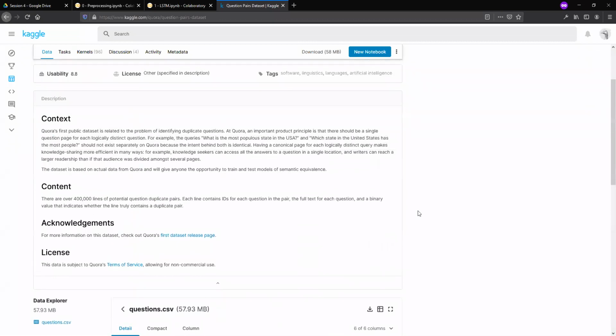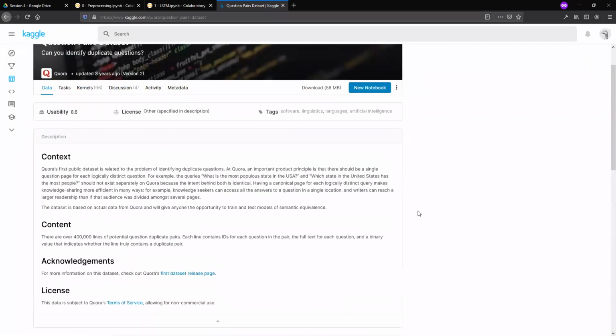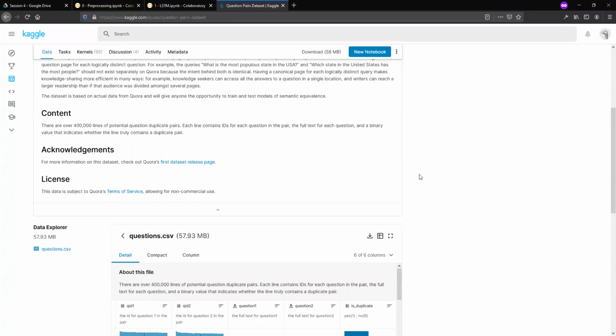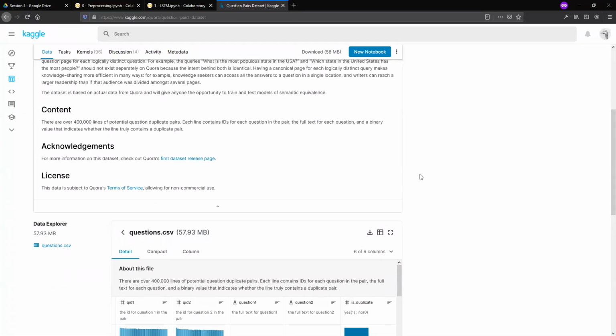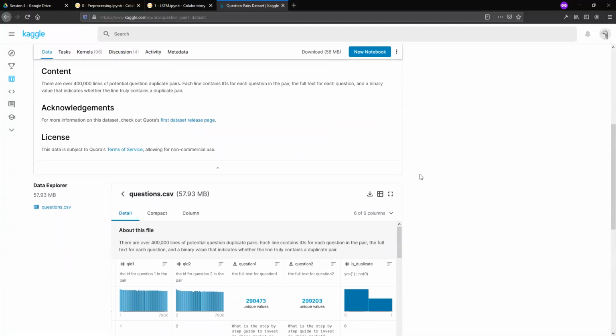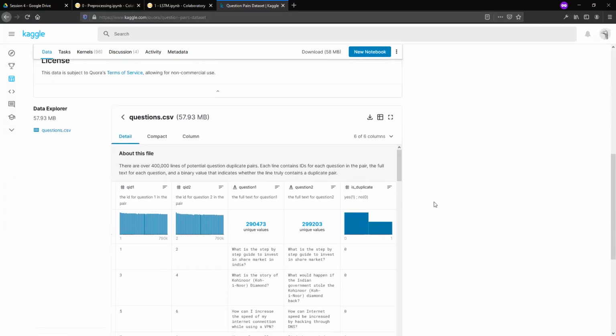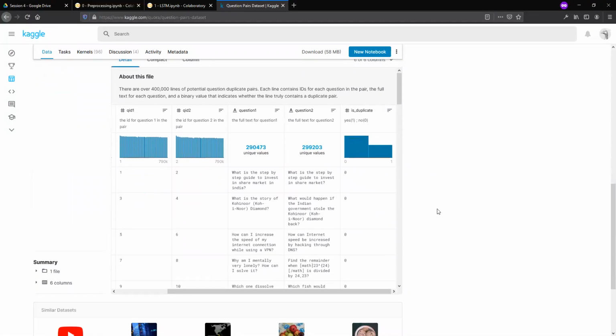What this data set consists of is a set of questions from users through the Quora platform, and it tries to determine if two questions are semantically the same, so if they have the same meaning or not. It's just a simple binary classification. If they are the same, then they're identified as duplicate. If they're not the same, then they're identified as not being duplicate.